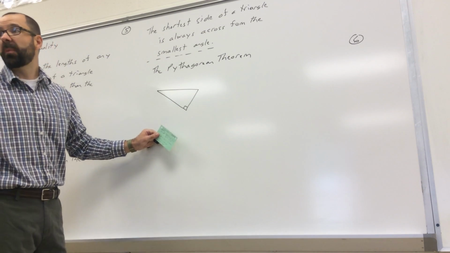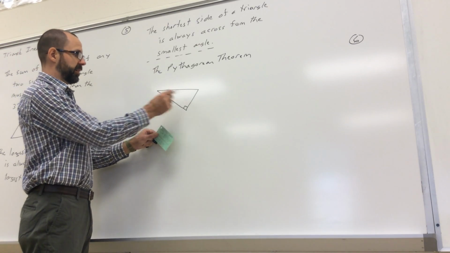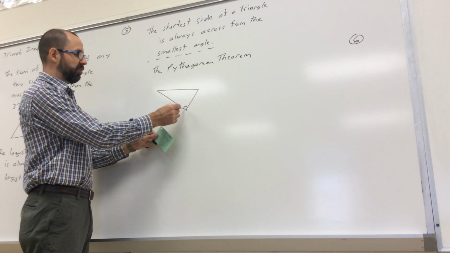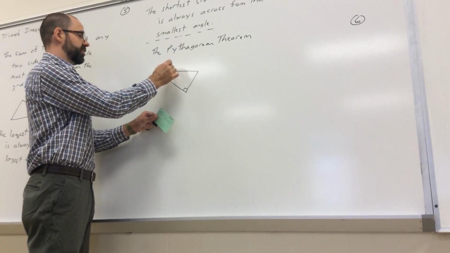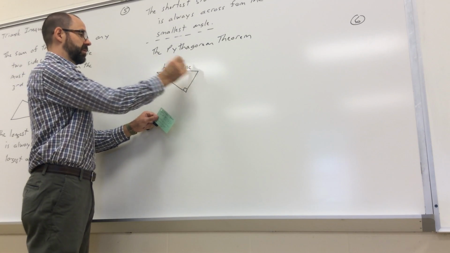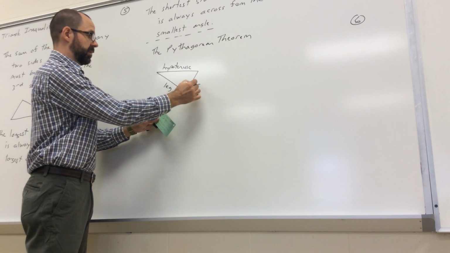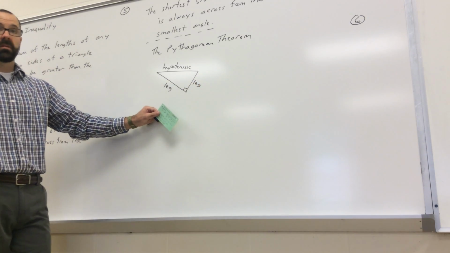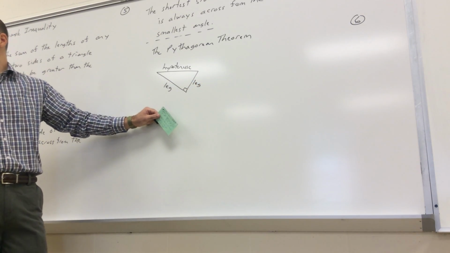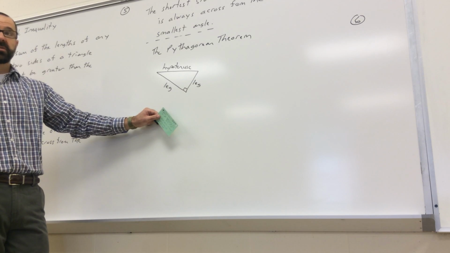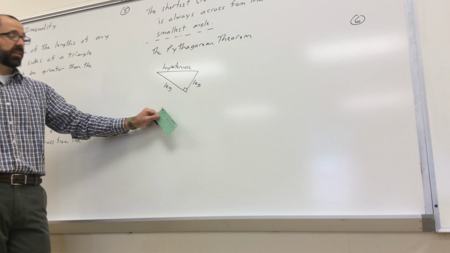Okay, so just a reminder about the vocabulary. The side across from the 90 is called the hypotenuse. And the other two sides are called legs. So that's just terminology for a right triangle. It has two legs and a hypotenuse.